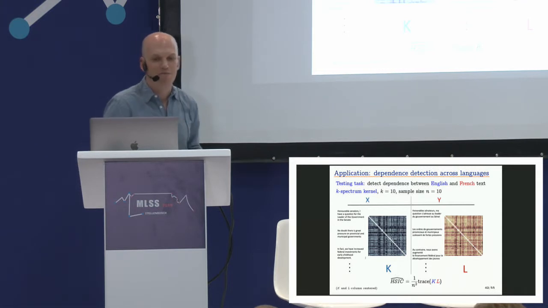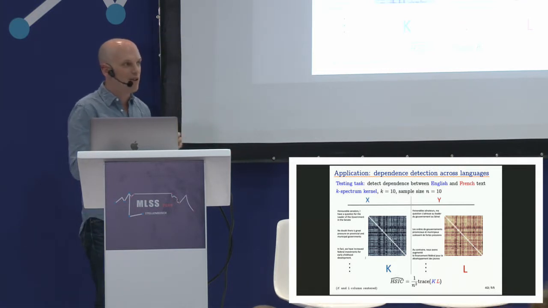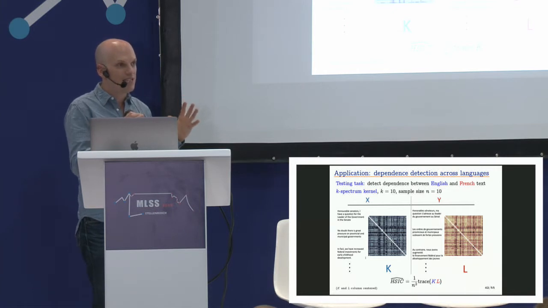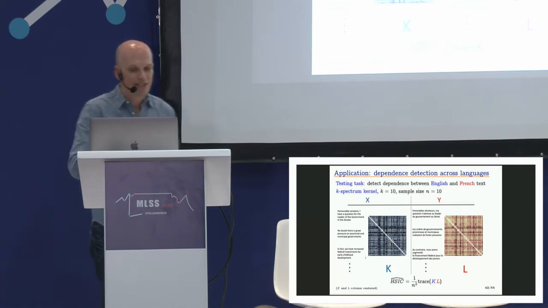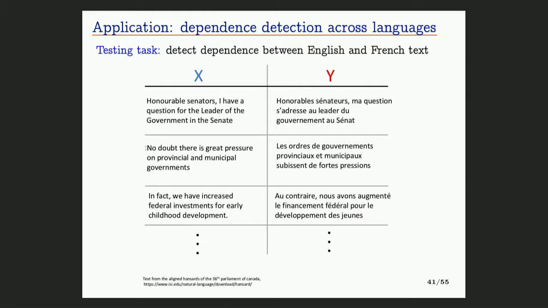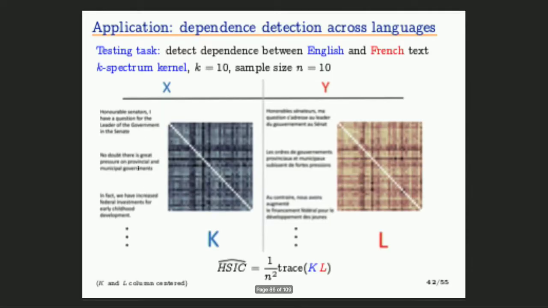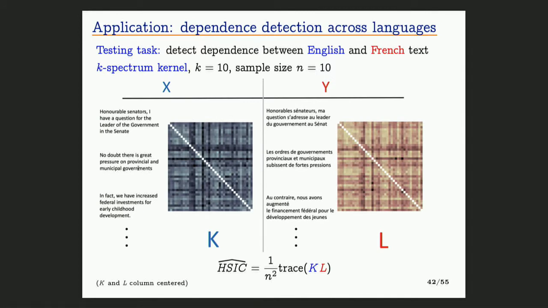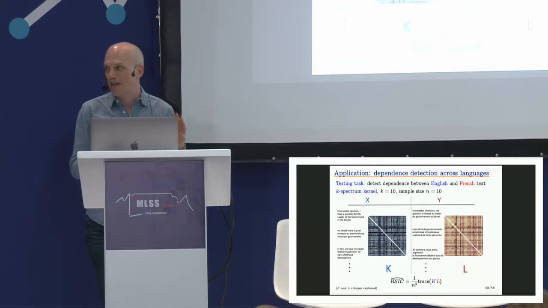Each of these little squares is how similar one extract of English is to another extract of English. So going back to the previous slide, I'm saying how similar, for instance, the first one is to the second one. And then first one to third, first to fourth, second to third, second to fourth, etc. And then I get this matrix K, which is a matrix of similarities of each English extract to another English extract.